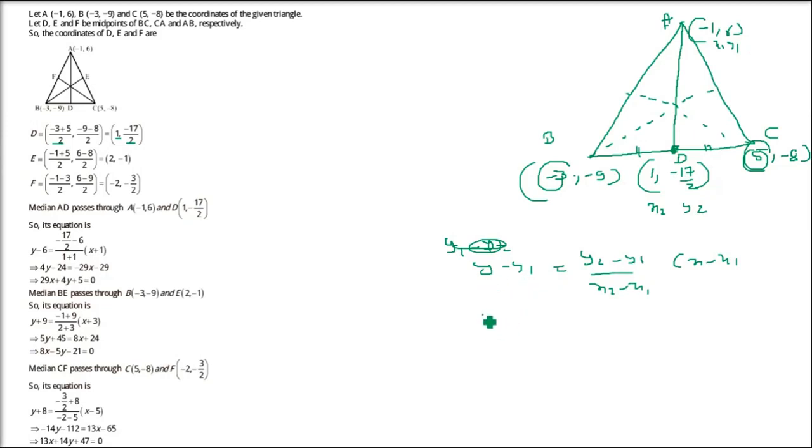So y minus 6, x minus of -1, that is x plus 1, and then we have y2 minus y1, minus 17 by 2 minus 6, and in the denominator we have 1 minus of -1, that is 1 plus 1, that is 2.